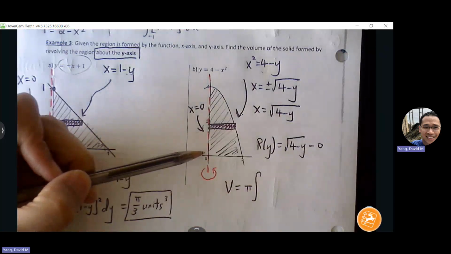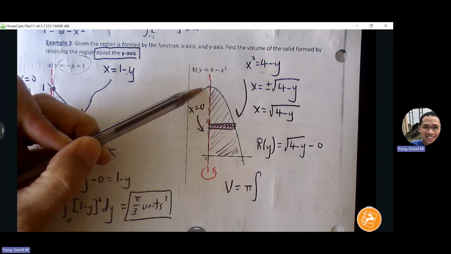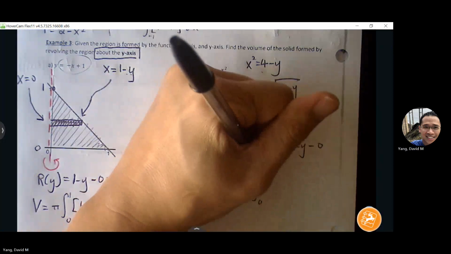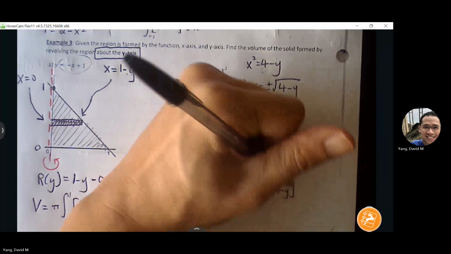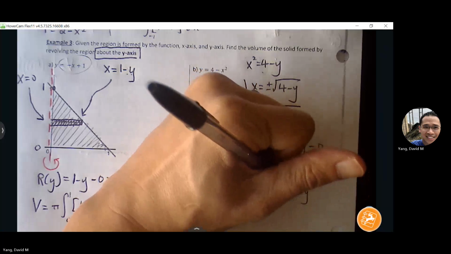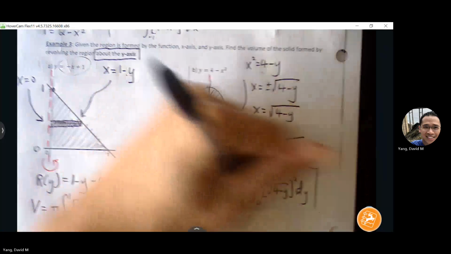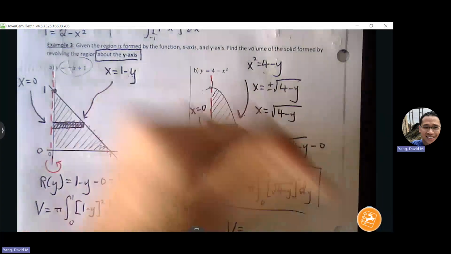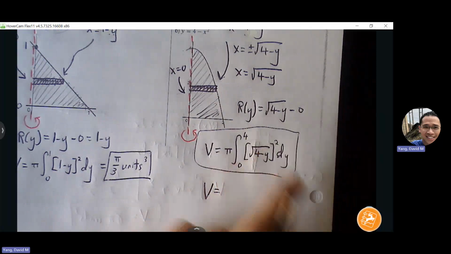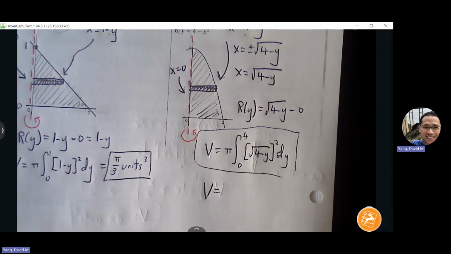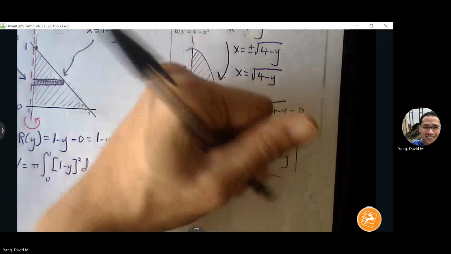What are the lowest and highest y values here? 0 to 4. V is equal to... we'll do root of negative 4y in the calculator, then we can square it when we do our integral notation.